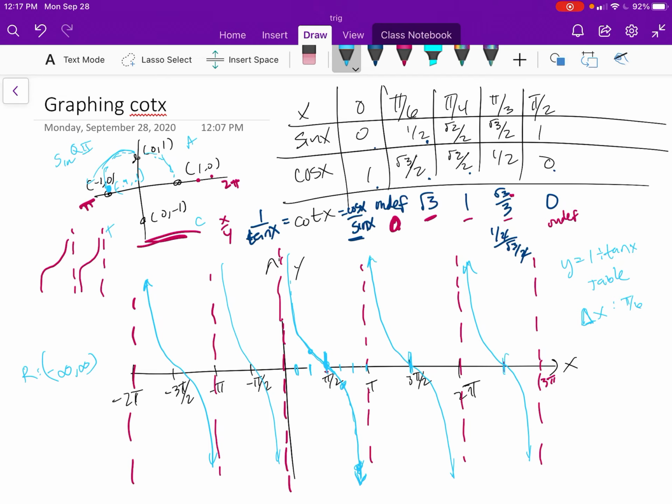Now our problem areas are every pi, so 0 pi, 1 pi, 2 pi, 3 pi, and so forth. So for domain, x cannot be n pi, where n is an integer. There are other ways to write it as well, as long as you note that any multiple of pi, we have a problem for cotangent. That works for me.